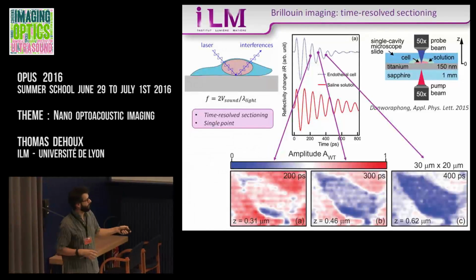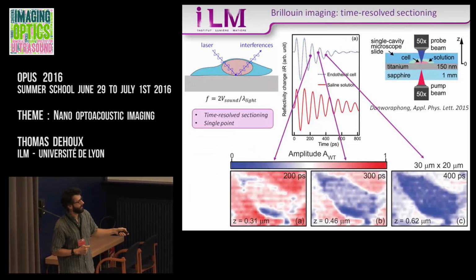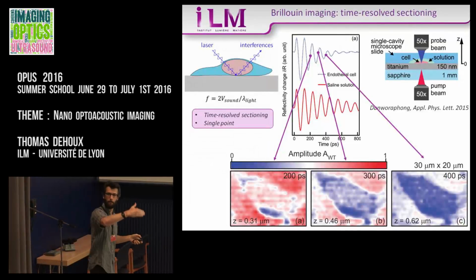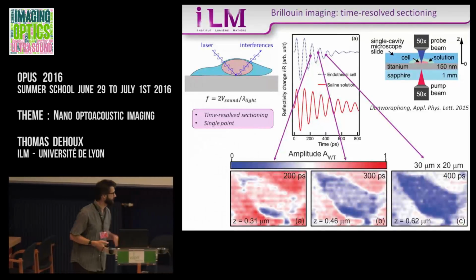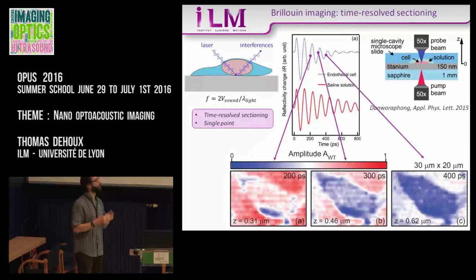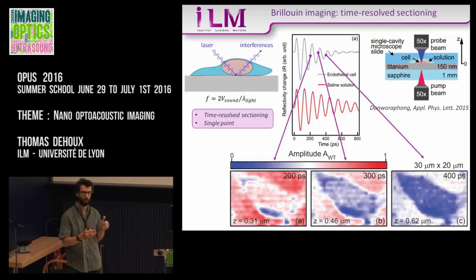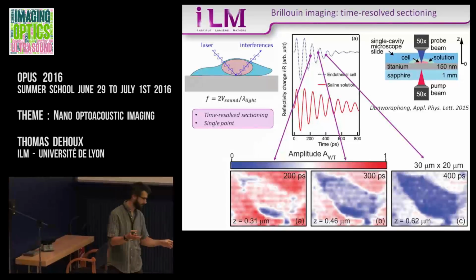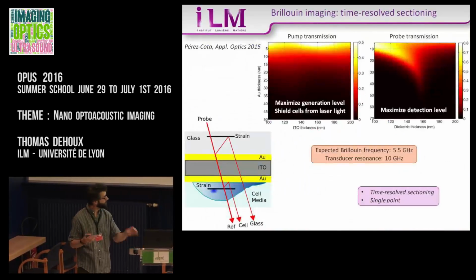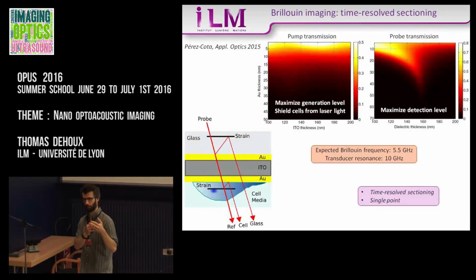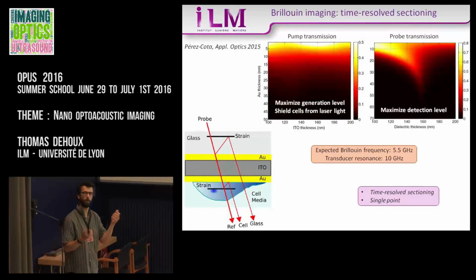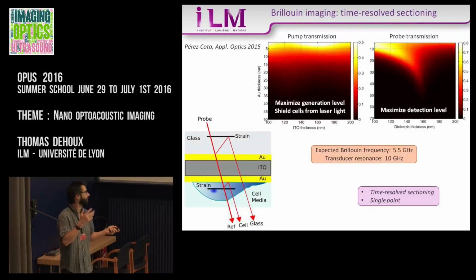And as the time goes, 300, 400 picoseconds, it's a little bit further in the cell. So you get these images, which are nice, but you think, maybe I can improve the contrast, because it's a little bit blurry. So one way to do that is to work on the transducer and try to engineer something a little bit more clever.